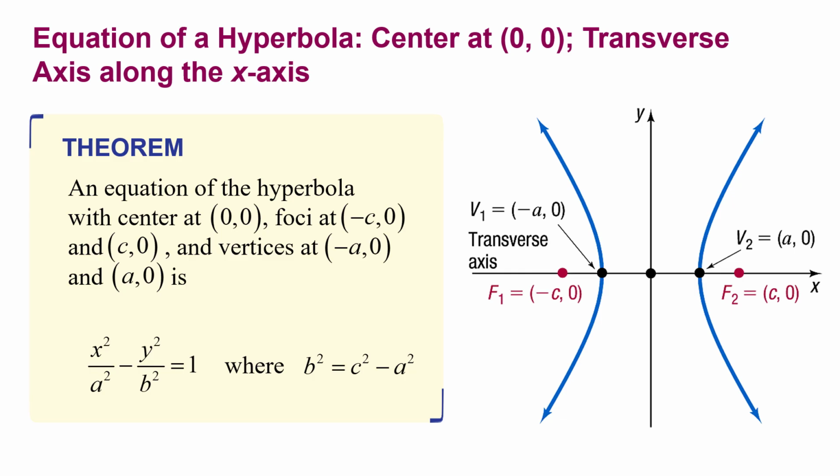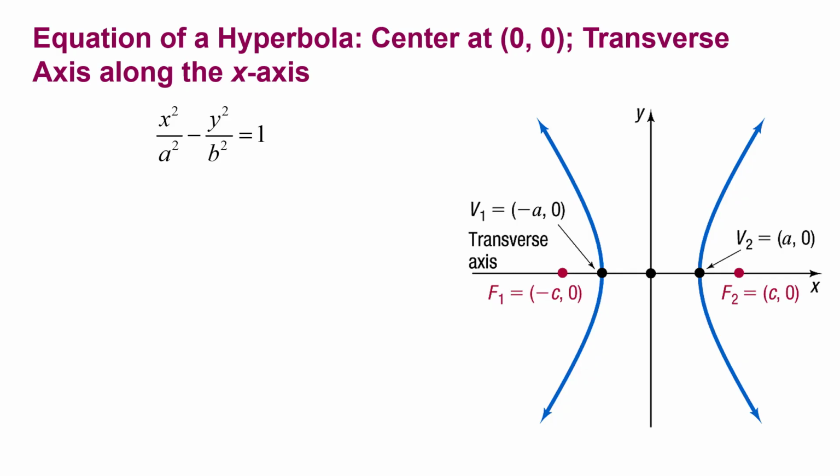Now let's go on to a new slide and make a few notes about the points of interest on this graph. Now to find the vertices of the hyperbola, we can substitute y equals 0 into the equation. So the vertices would satisfy the equation x squared divided by a squared equals 1, or thus x is equal to plus or minus a.